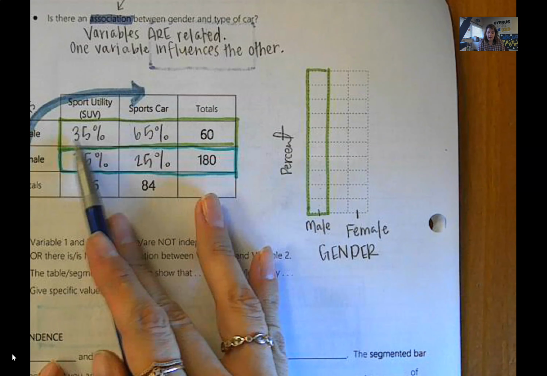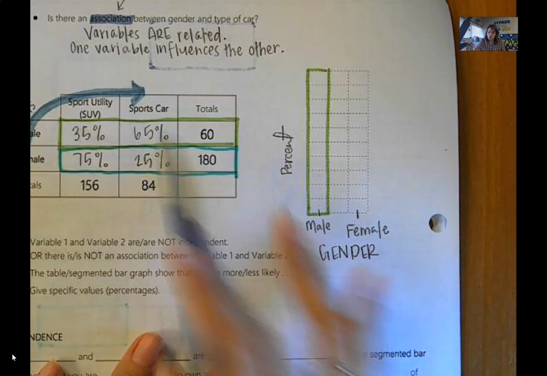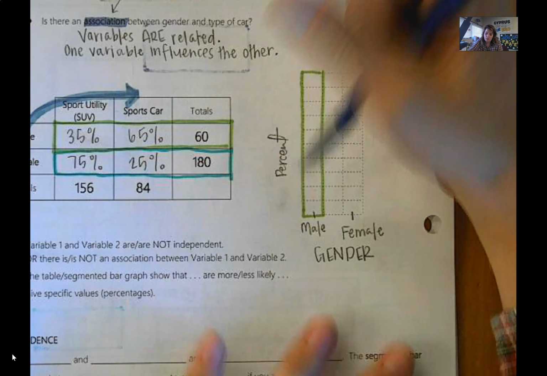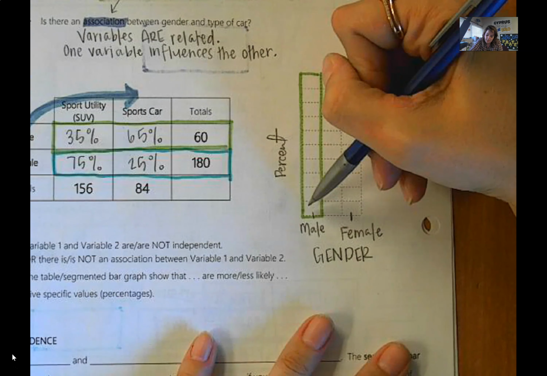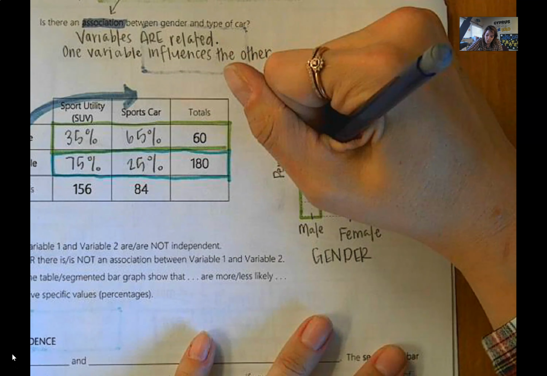We want to graph the different categories. So this first category is 35%. So what we do is we come over to our graph. We know that this box is 10, 20, 30. 5 would be halfway.